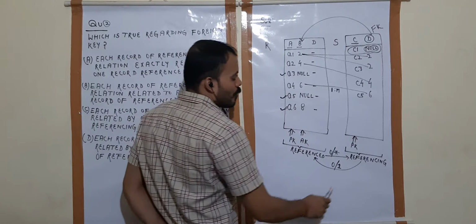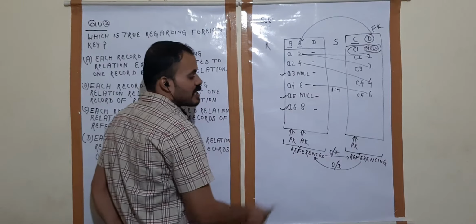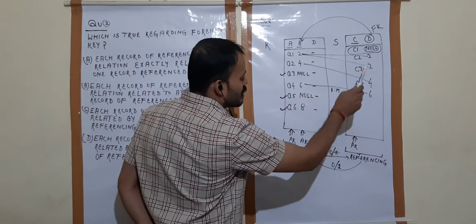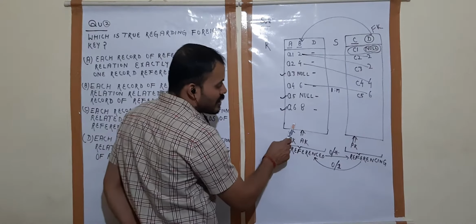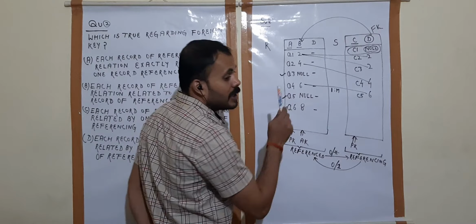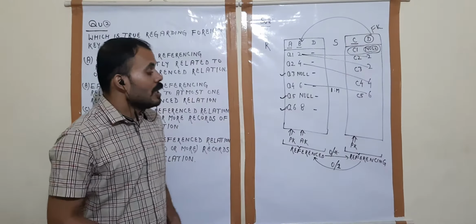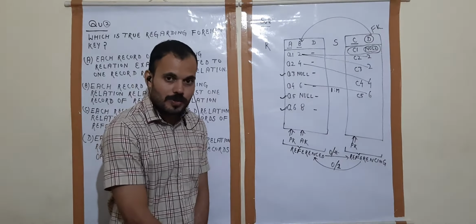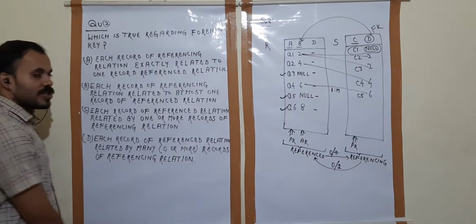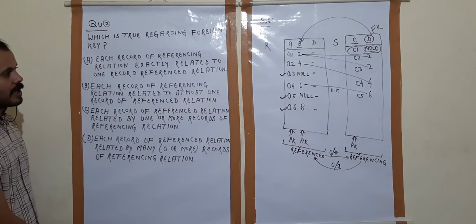So when we move from referencing to referenced relation, each record of the referencing relation is either related with zero record of the referenced relation or one record of the referenced relation. So these are the possibilities. Now see here, which statement is true and which statement is false.